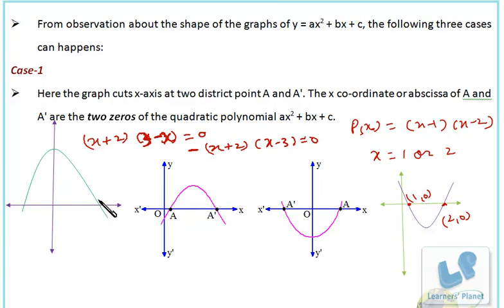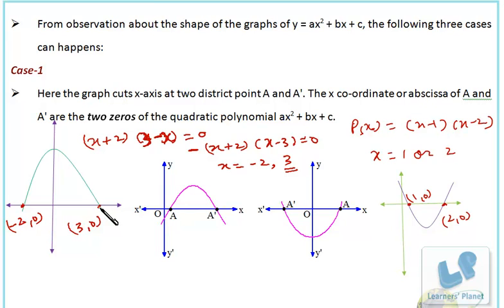So now let's mark the zeros of this polynomial. See, to find out the zeros, I just have to equate this expression to 0. So what I'll be getting, x is equal to minus 2 and 3, right? So this is what? Minus 2. When x is minus 2, y is 0, and when x is 3, even then y is 0.